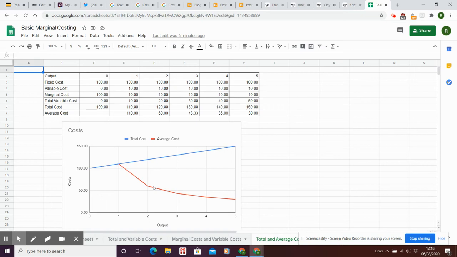So if you think about something like a car factory, which is obviously very, very expensive to set up, so it has a lot of depreciation and employs a lot of workers, just to produce one car on a production line is clearly very expensive because all those fixed costs just have to be covered by the sale of one car. But as your production increases, those fixed costs are spread over a larger number of units.